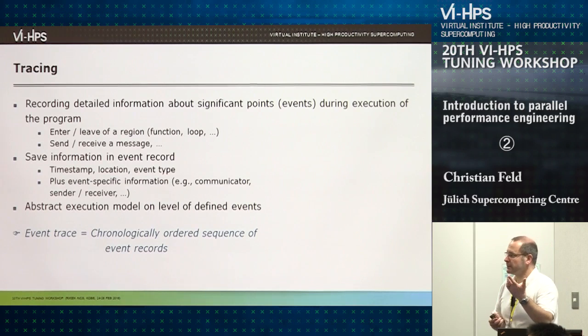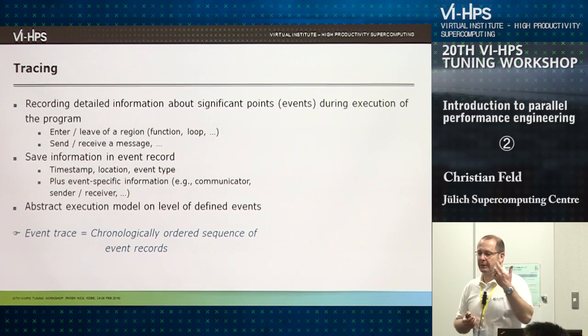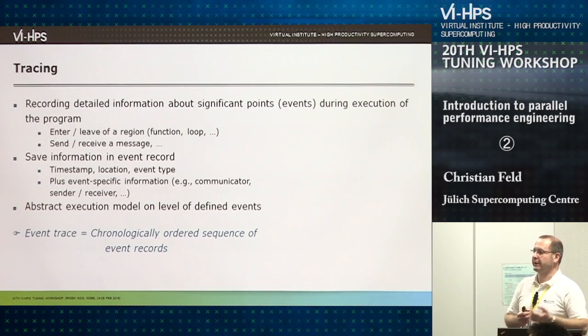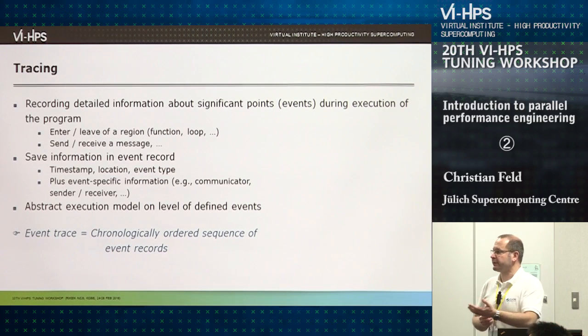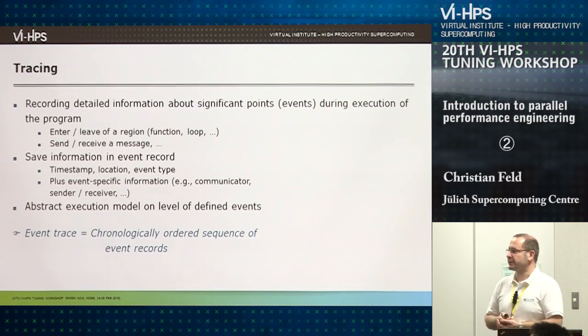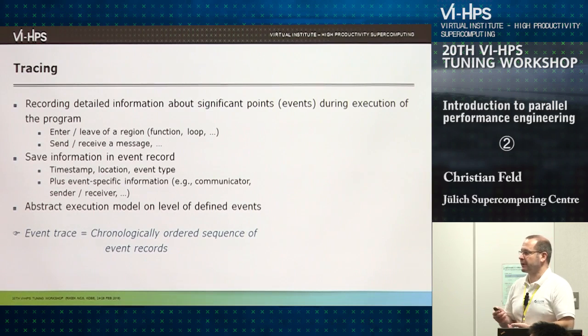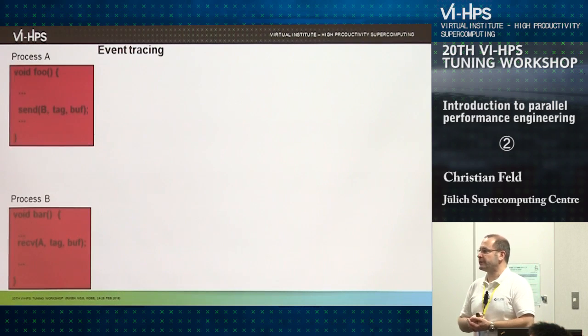So for profiling, the time dimension is lost. You just get a summary. And for tracing, the time dimension is preserved, and you get an abstract execution model of your program.